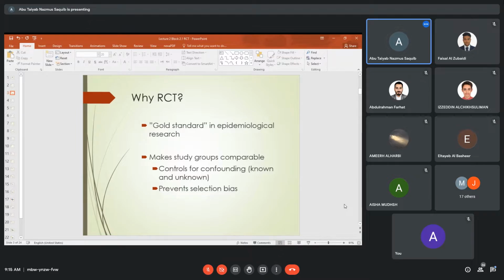It controls for confounding, and it is the design where minimization of biases is possible. If you are very careful, you can prevent biases, particularly selection bias. That's why it's the gold standard.